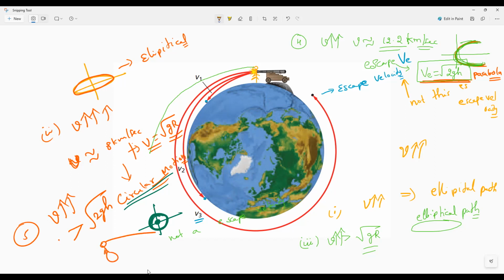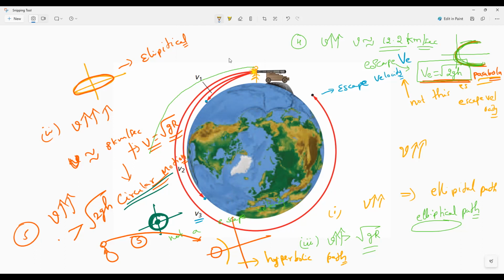Then path number 5, if you imagine this is the Earth, will be almost a hyperbola path. What is the path it has taken, everybody? Hyperbolic path. So this is path 5 and path 4; these are what we call escape velocities.